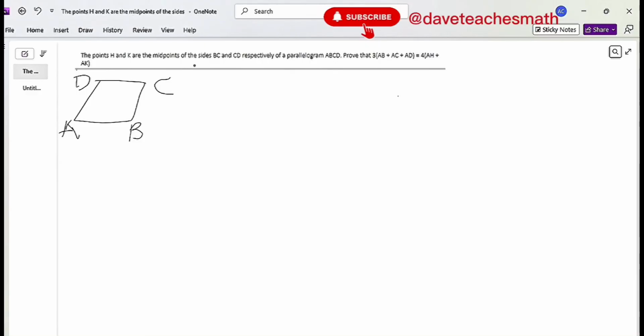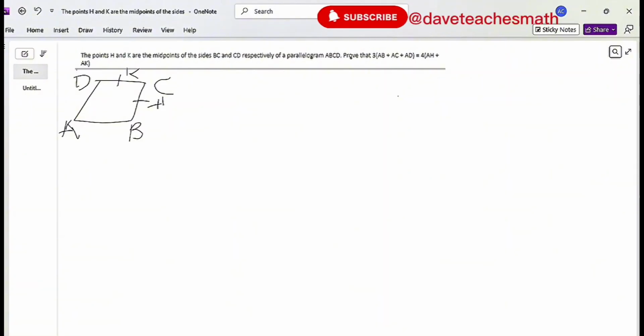We are told that H and K are the midpoints of BC and CD respectively. So H is the midpoint of BC and K is the midpoint of CD. So here is our K.